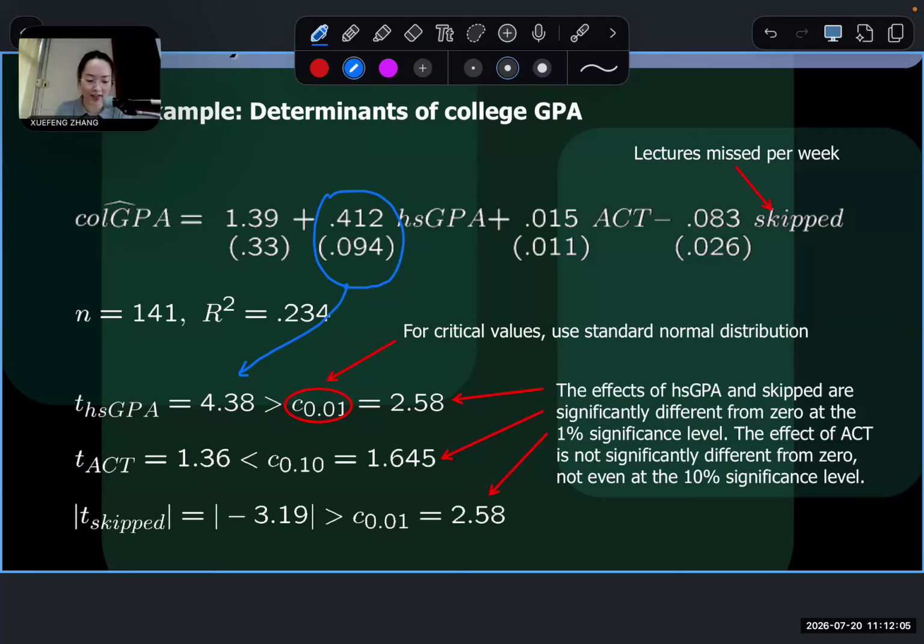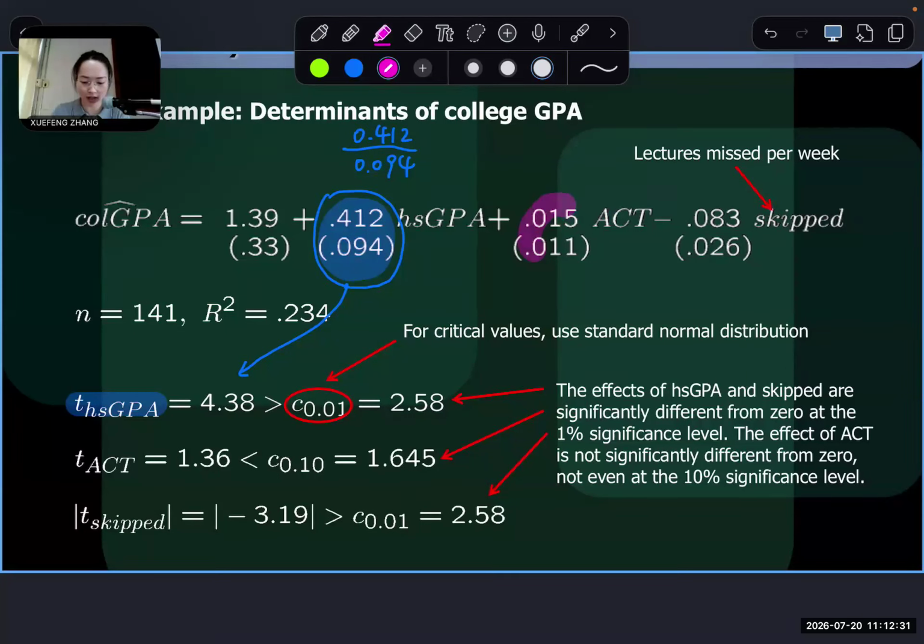So here it's 0.412 divided by 0.094. Can you calculate with your calculator? Is it 4.38? So this is for HS GPA.